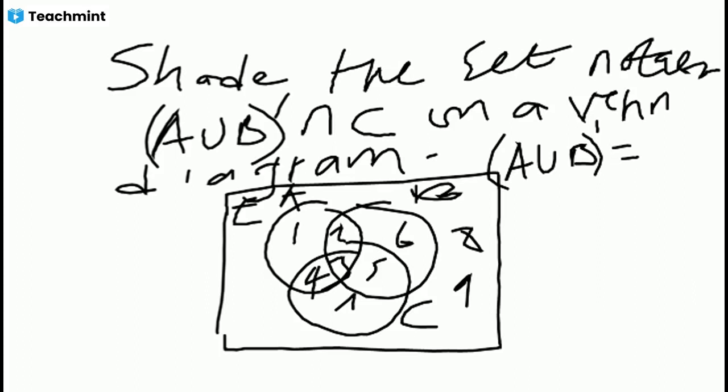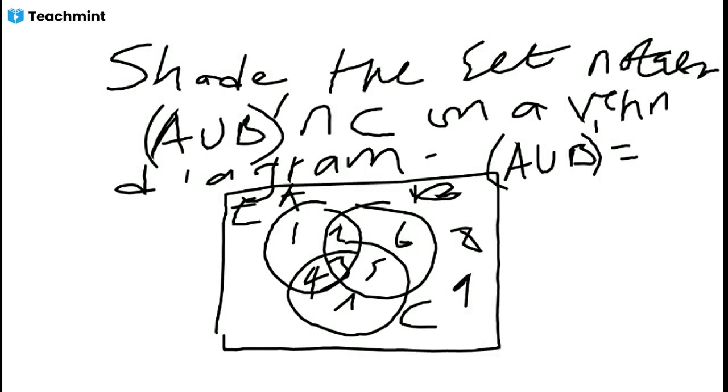So A union B in brackets complement, we are talking about the union of A and B, which is 1, 2, 3, 4, 5, 6. Now outside we have the elements 7, 8, and 9.